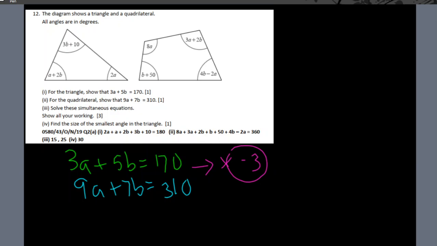So now this becomes -9a minus 15b equals 170 times -3, which is -510. And then the second equation remains the same.